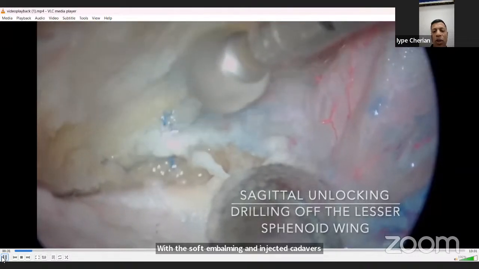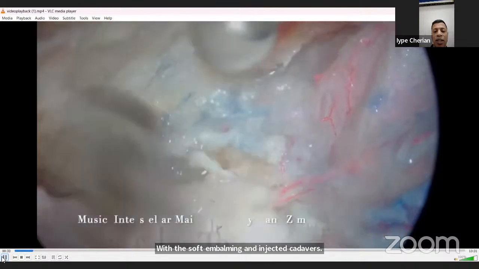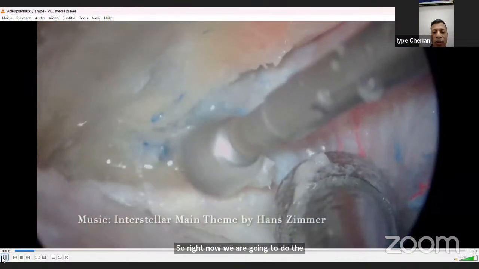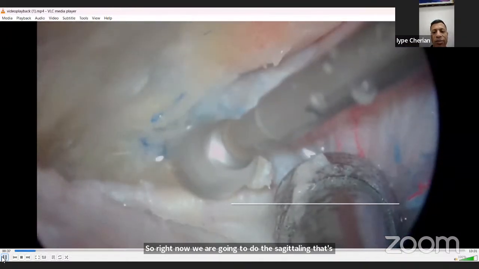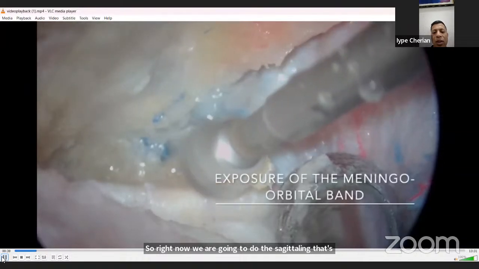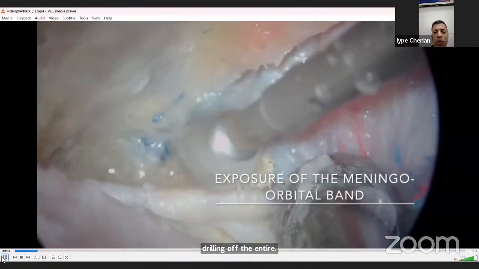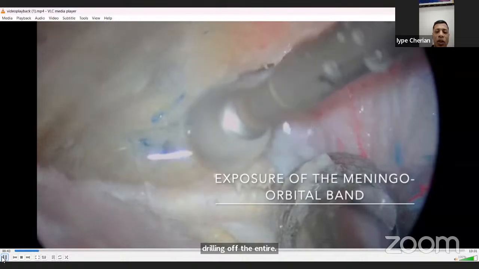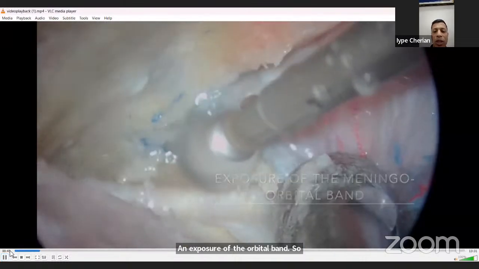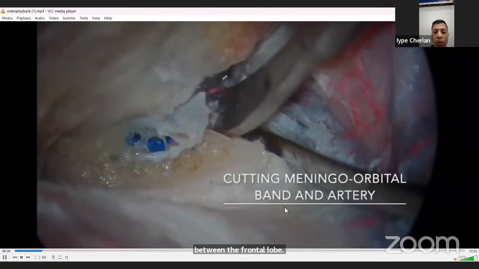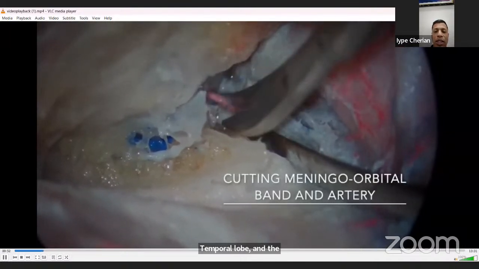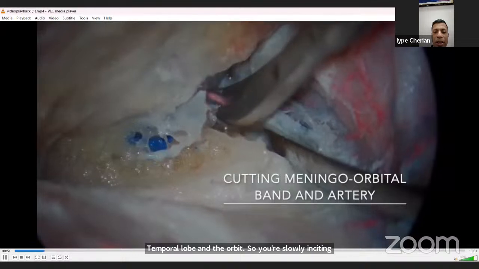So right now we are going to do the sagittal unlocking, that's drilling of the entire sphenoid ridge and exposure of the orbitomeningeal band. So the orbitomeningeal band is between the frontal lobe, temporal lobe, and the orbit. So you're slowly incising the orbitomeningeal band.